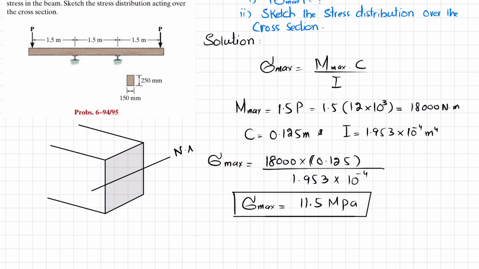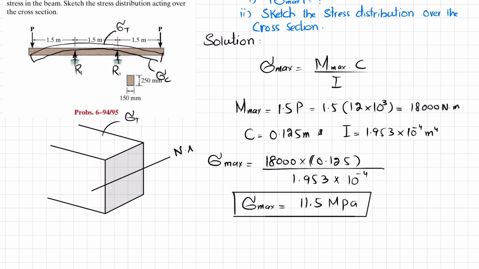Now you can see that due to this load, the beam will bend like this, because the upward forces R1 and R2 will be there. So the upper layer will be in tension, and the lower portion, if I draw it like this, will be in compression.